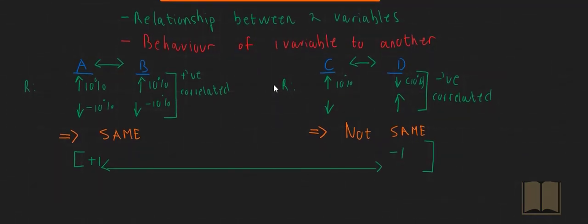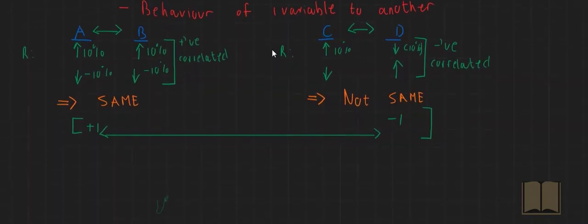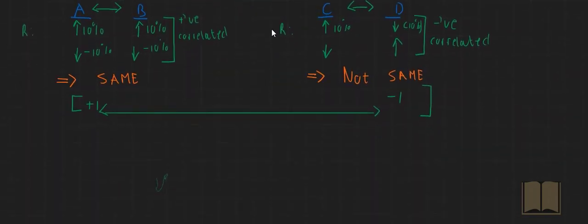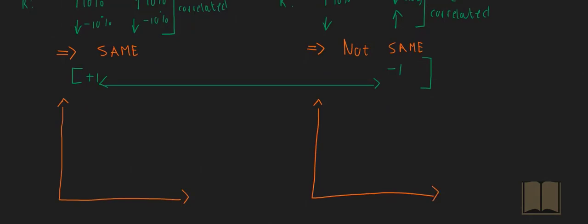Let's now have a look at how this would show up on a graph. Let's say we've got asset A, its returns show the following behavior. Let's say the name of this asset is Ferrari shares. So the vehicle manufacturer, Ferrari, its share price has exhibited the following behavior over a period of time.